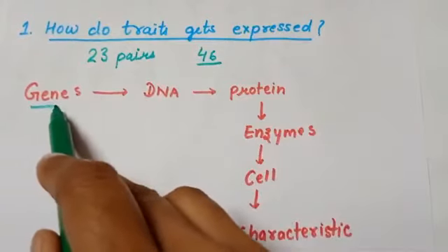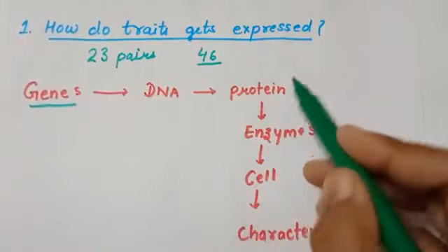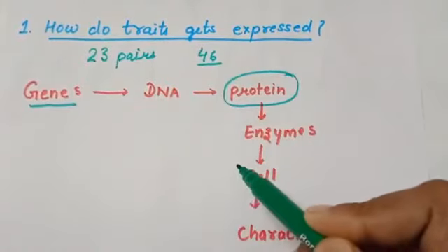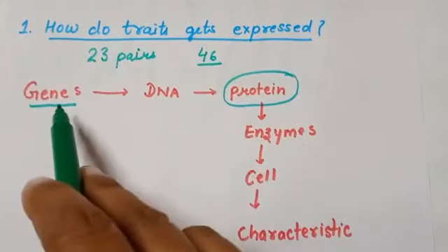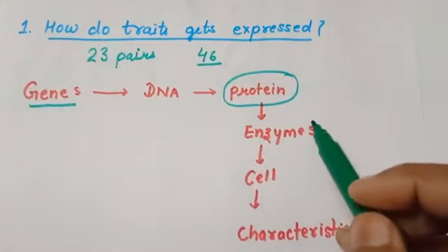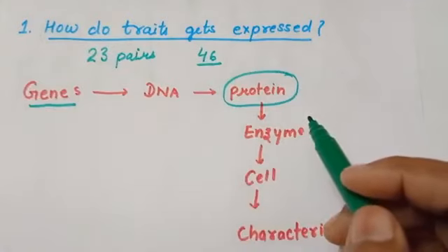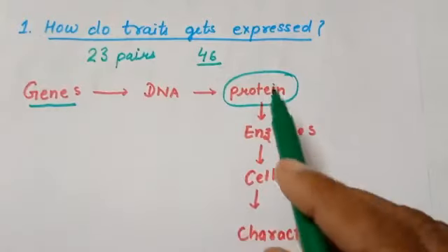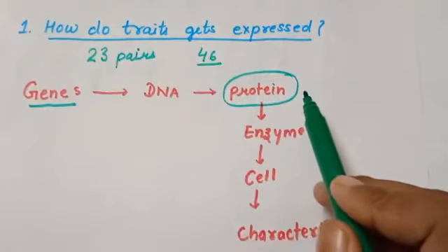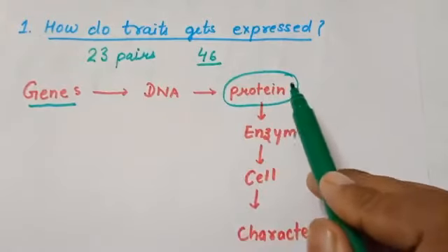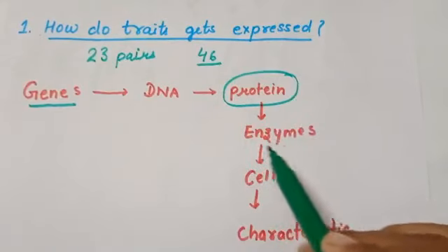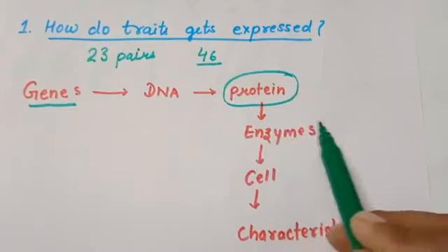A gene codes for a particular protein. If we try to understand how genes are responsible for a particular characteristic in an organism, we can understand it this way: the gene codes for a specific protein, and this specific protein acts as an enzyme.